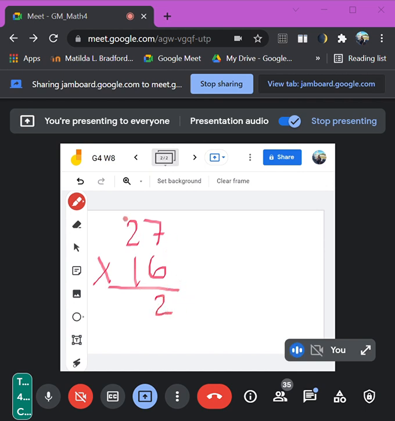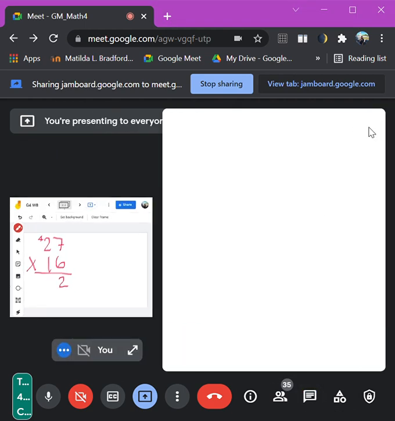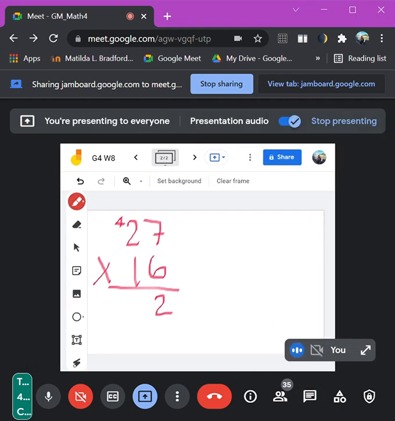Bring down 2, carry 4, and then 2 times 6, that is 12, plus 4, that is 16. Then on the other side, 1 times 7, that is 7. 1 times 2, 2. And then we are going to add.